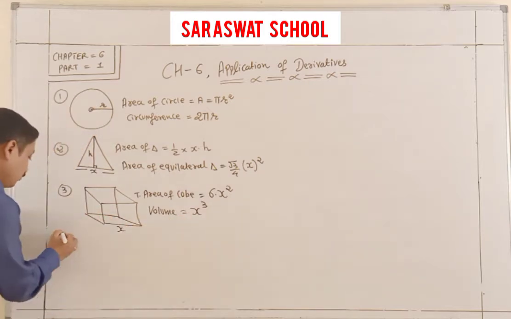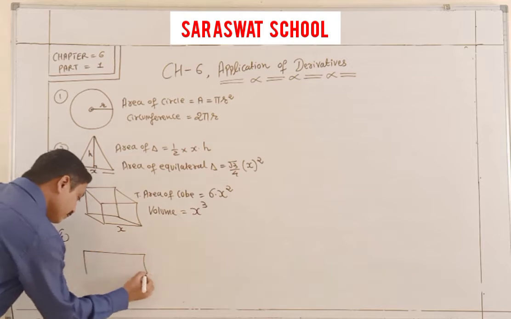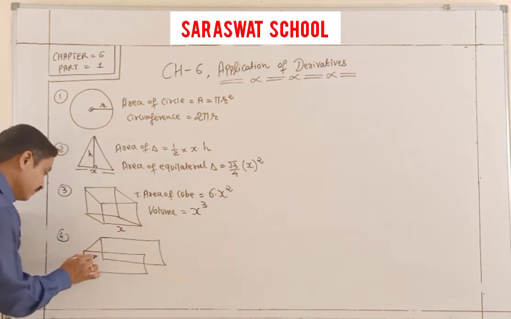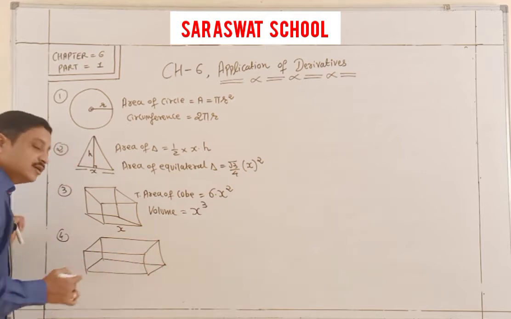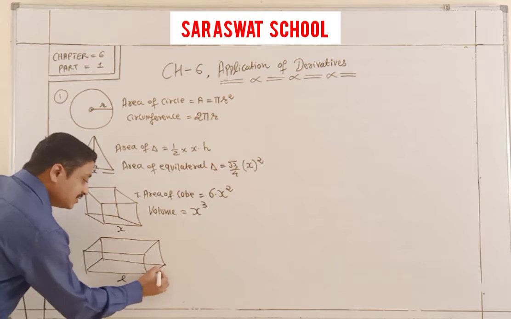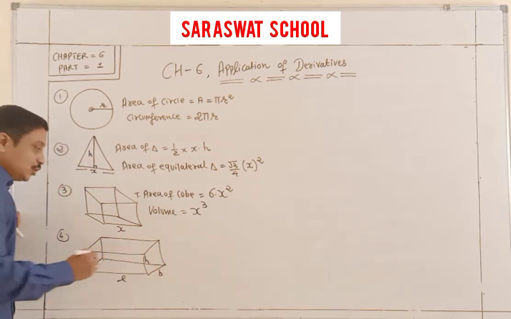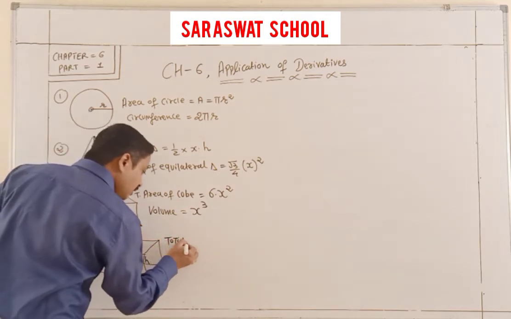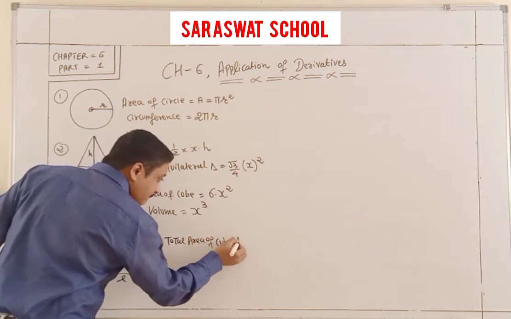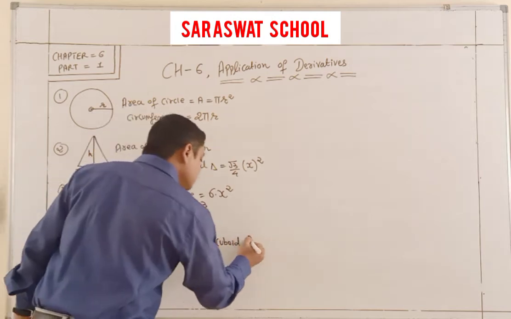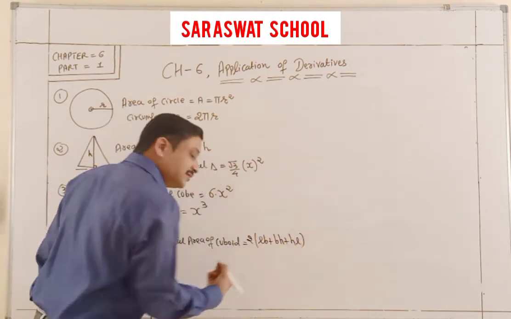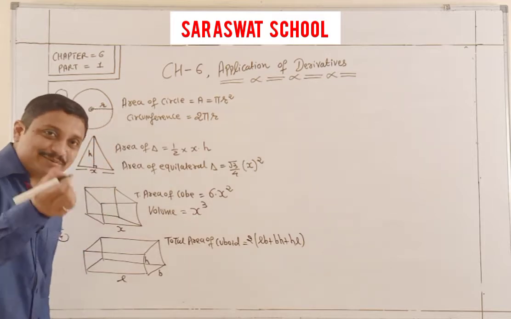Fourth, the cuboid. Cuboid is also very easy, a rectangular shape. Necessary to draw the drawing: length, breadth, height. This is the length, this is the breadth, and this is the height. So the total area of the cuboid is 2 times length times breadth, breadth times height, and height times length, all 6 faces.